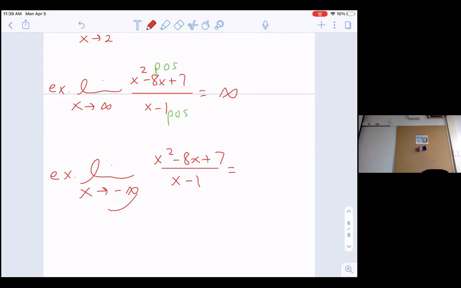So I'm going to take negative 1 billion squared. So that's going to be positive because a negative times a negative. And then I do negative 1 billion minus 1 will be negative. And a positive divided by negative is going to be negative. So that's going to go to negative infinity.